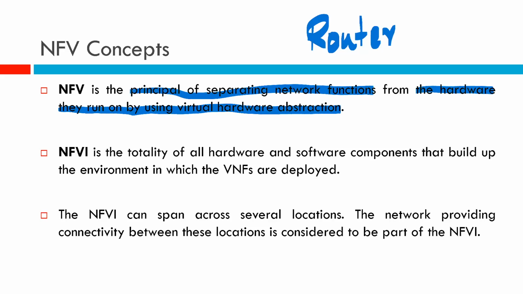It runs in a normal fashion and does the job of the router. So this is the case of network function virtualization, the principle of separating network functions from the hardware.